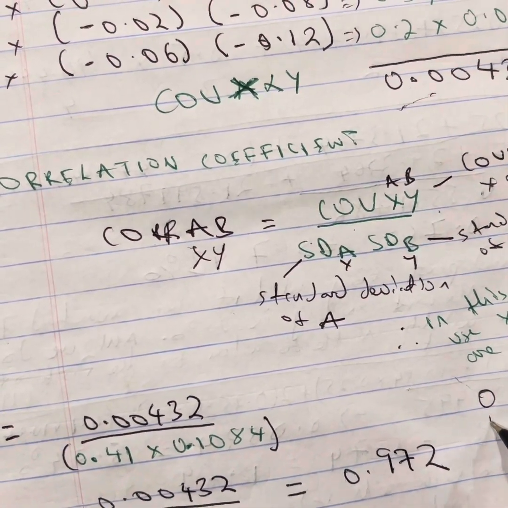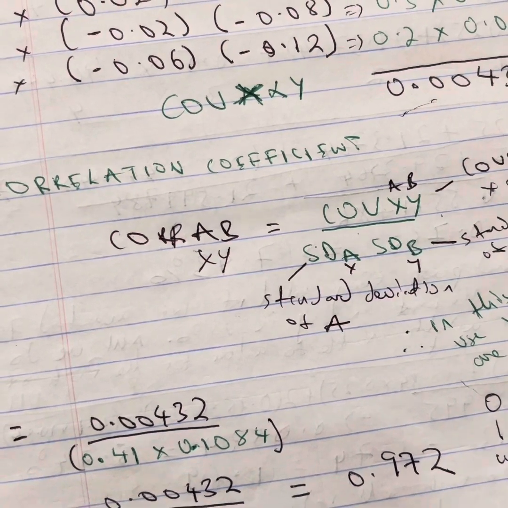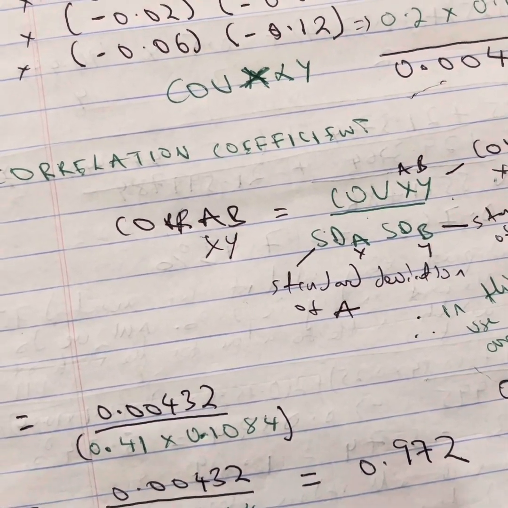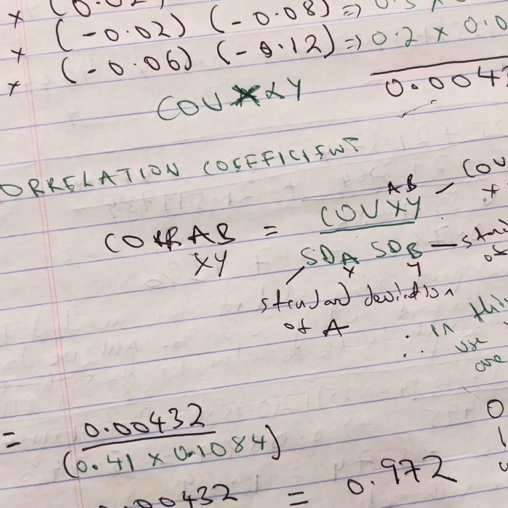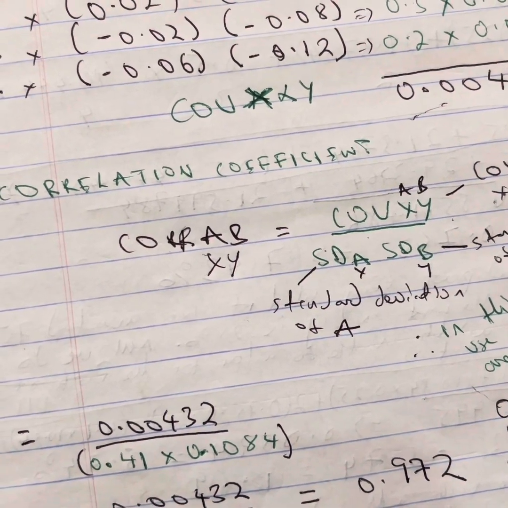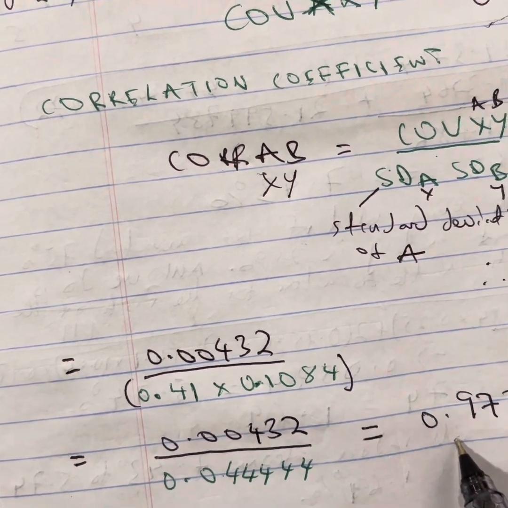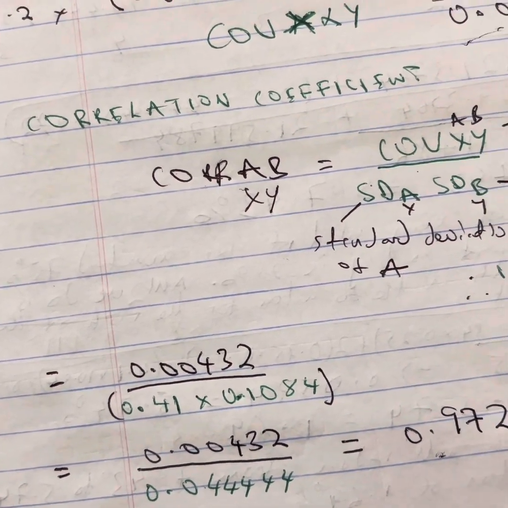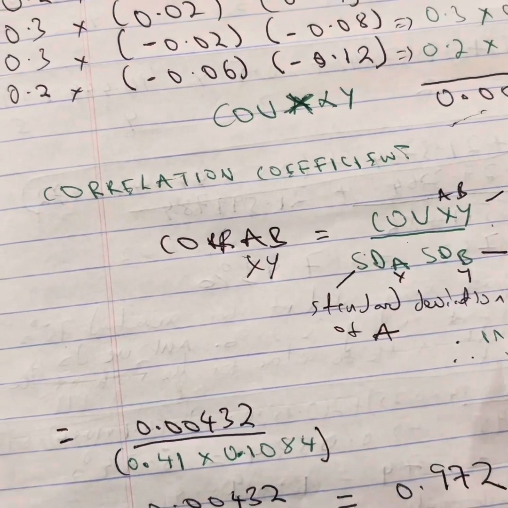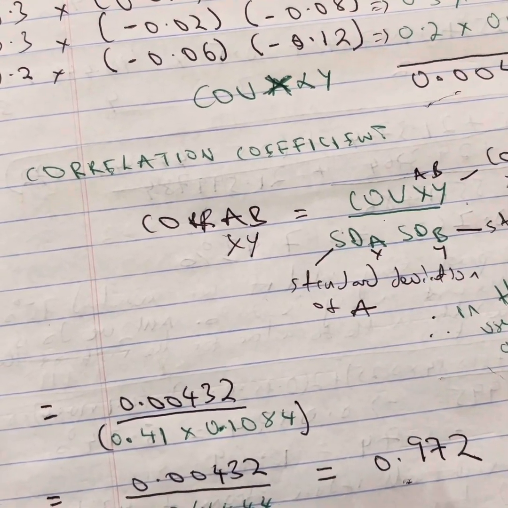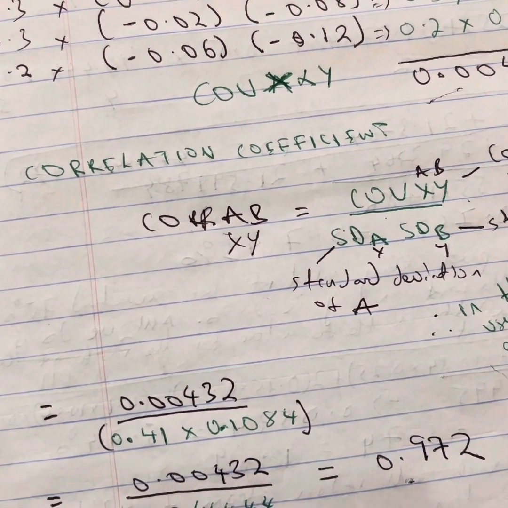If it's closer to 0, there is a weak relationship between the two variables, and if it's closer to 1, there's a strong relationship between the two variables. So a figure of 0.972 as a correlation coefficient suggests that there's a strong relationship between X and Y.